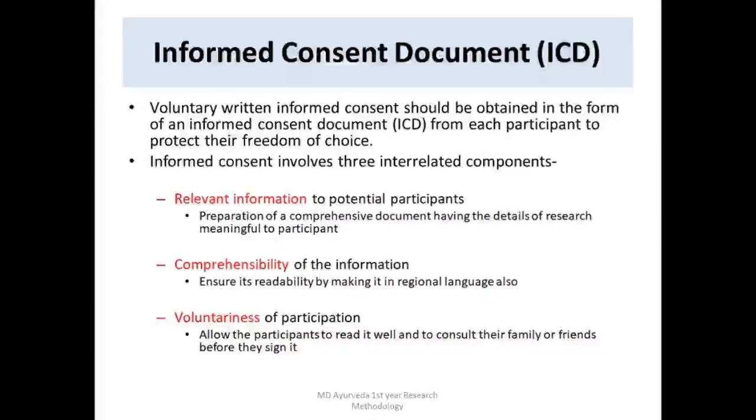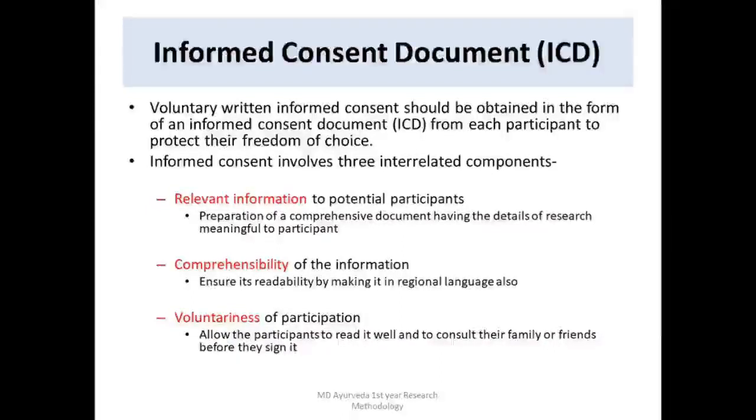Second is the comprehensibility of the information. The information should not only be pertinent to the research proposal, but it should also be comprehensible. So the researcher has to ensure its readability by making it available in the regional language also.